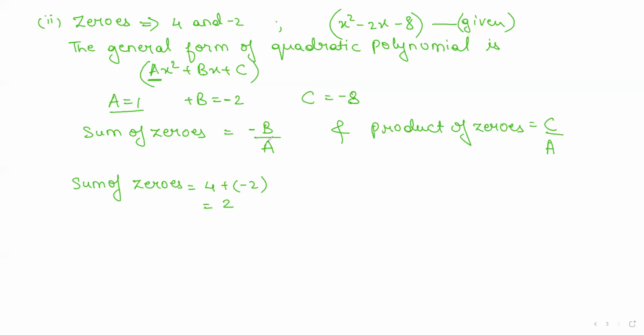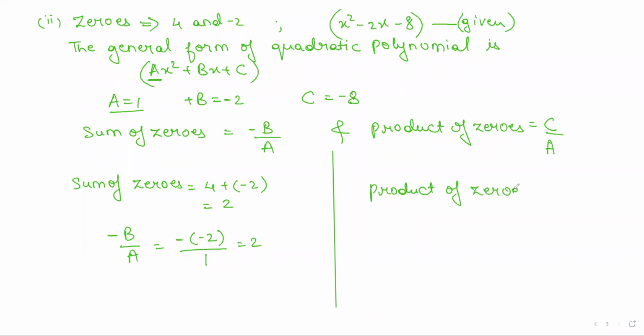In this formula, the right hand side, minus b upon a, is equal to minus of minus 2, the b value is minus 2, upon 1, which is equal to 2. Product of zeros, again, is equal to 4 into minus 2, which is equal to minus 8.